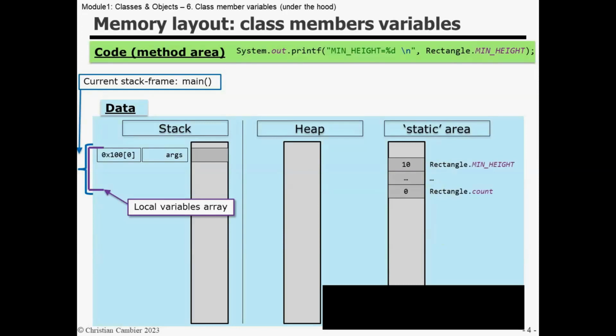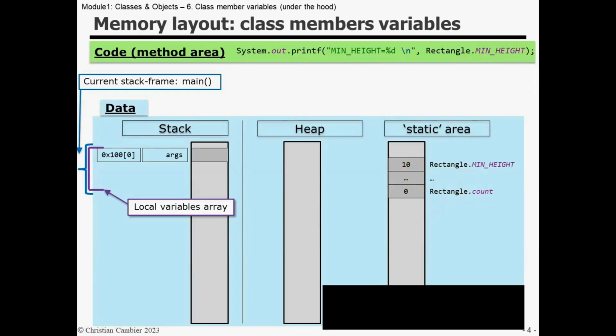All of them are allocated in the static area and only once, not per object, as you see in a minute, plus the count variable. They are all of type integer and their default value is 0 unless assigned a different value when declared. Minimum height in our case is assigned value 10, so that's the value that gets filled in memory. I didn't assign any explicit value to the count initially, so its default value is 0.